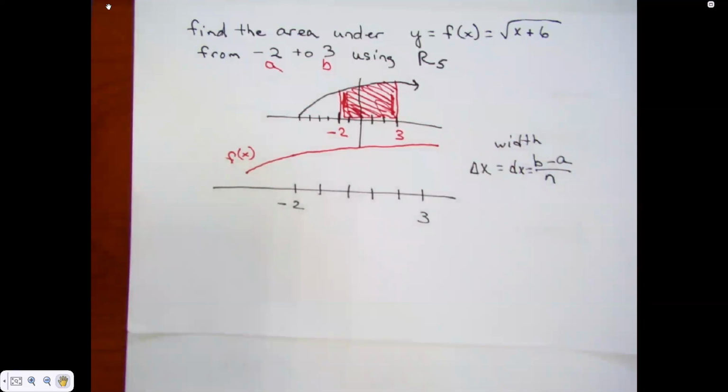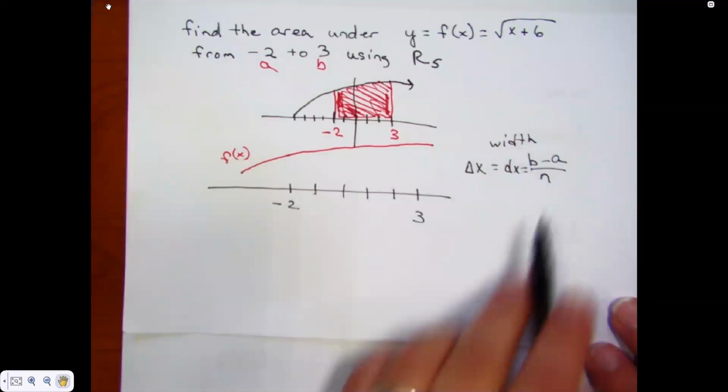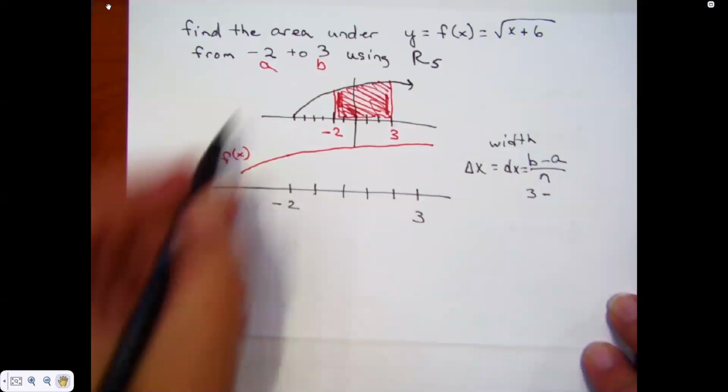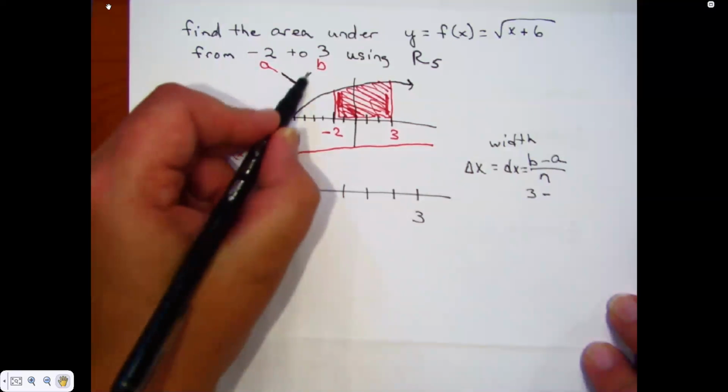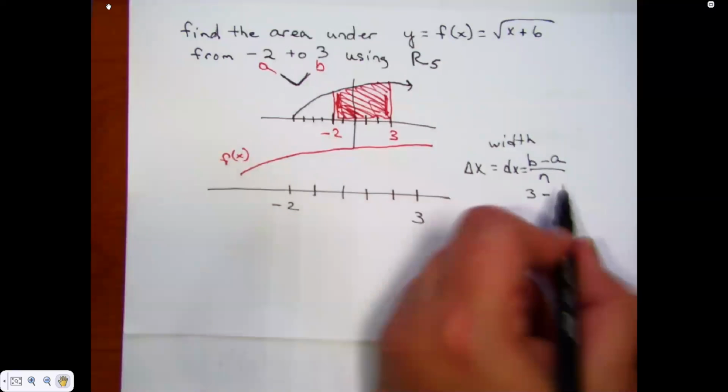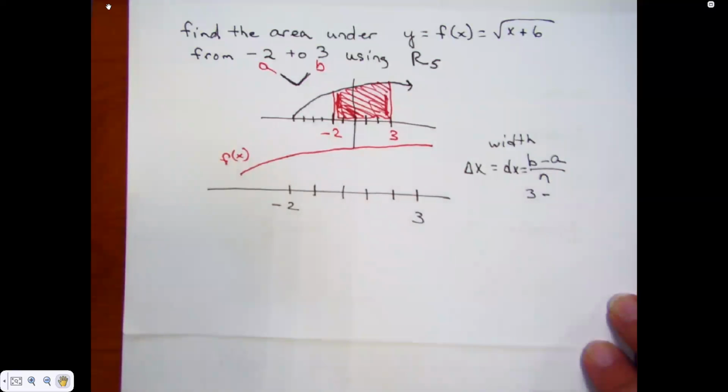Because what do I need in order to find the area of a rectangle? Length times width, right? The width times the height. Okay. So B is 3, that's where I end. A is -2, and these guys, I talked about this yesterday, are called limits. Don't be intimidated by the word limits. B minus A, now be careful here.